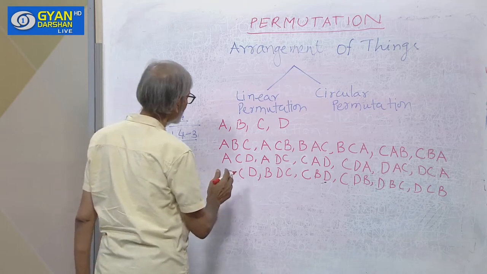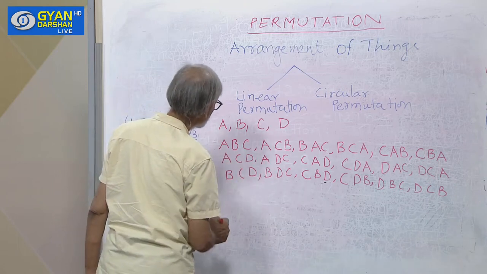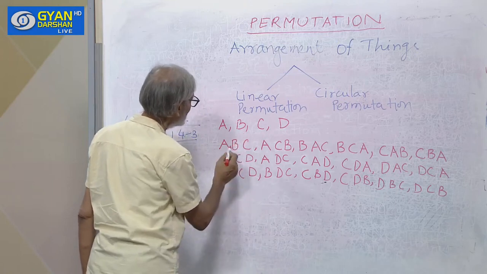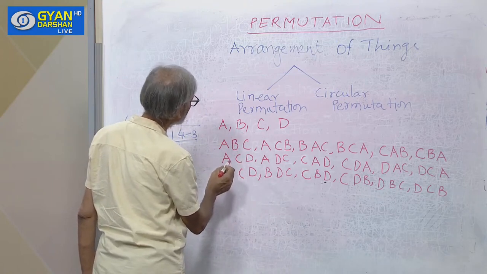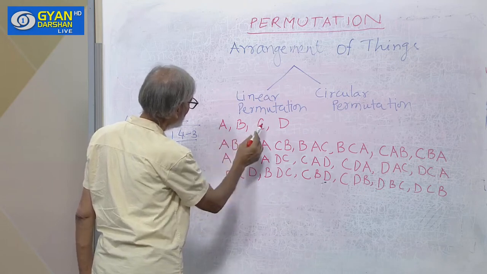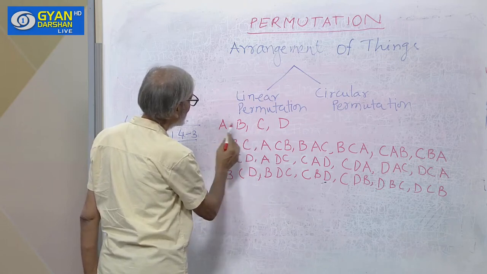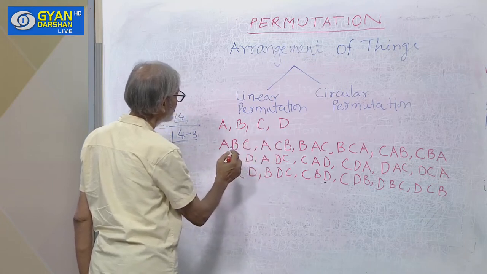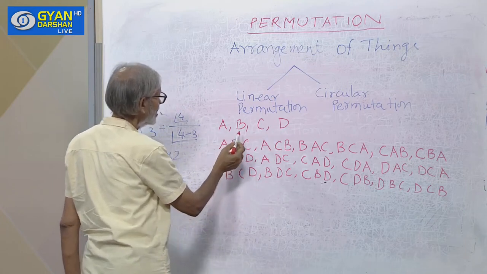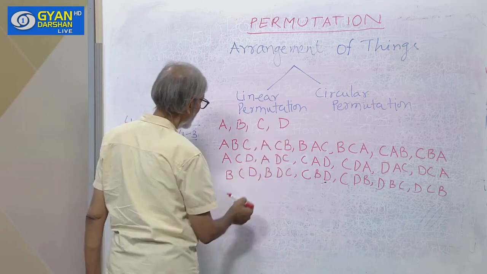And then one more combination is missing here. We have taken A, B, C, then A, C, D, and then B, C, D.